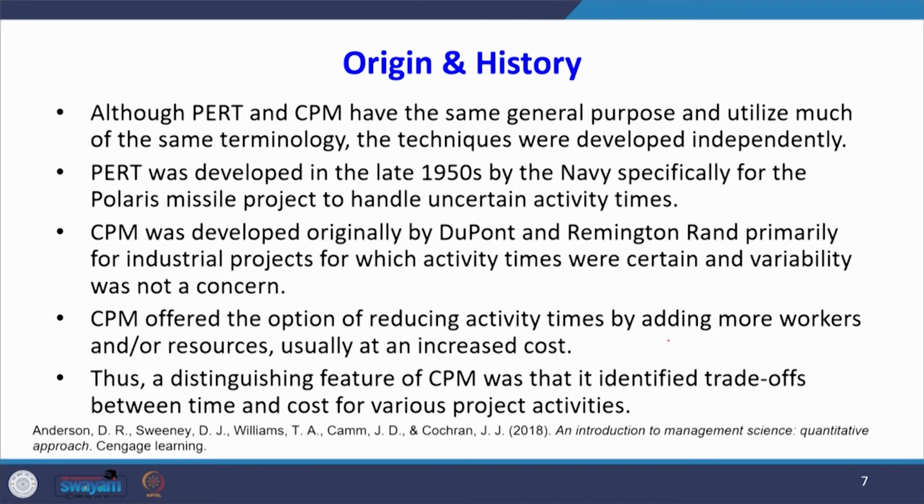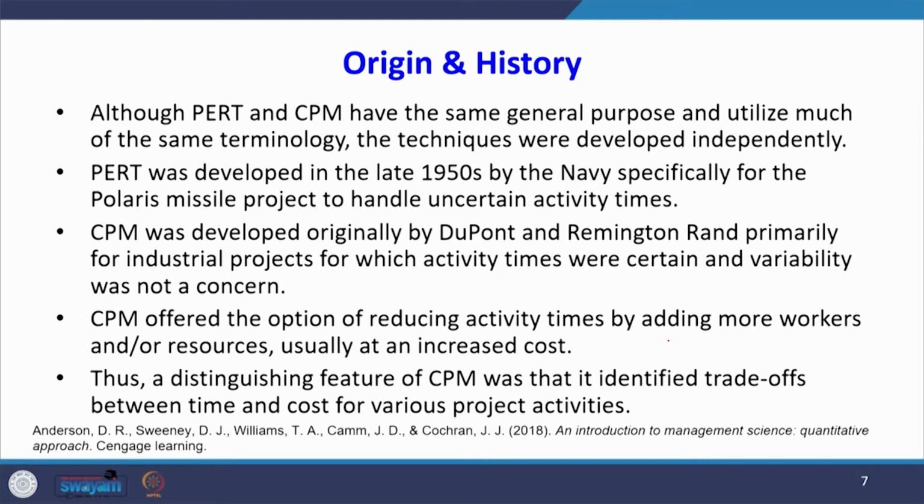This is one important difference between PERT and CPM. In PERT, the activity duration is uncertain. Whenever there is a new, very innovative project, it is very difficult to exactly estimate the time taken to complete an activity. So, whenever there is uncertainty in the activity duration, we should go for PERT.